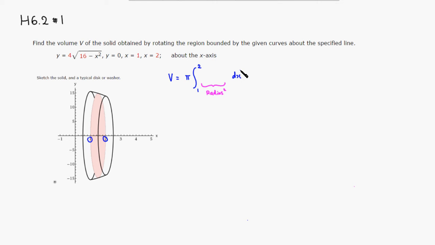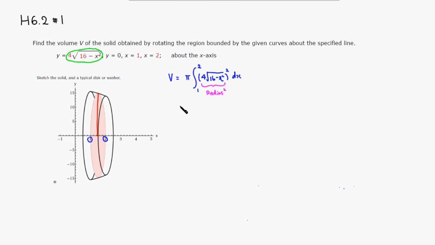You can see that the radius goes from the x-axis all the way to the edge of the semicircle, whose equation sits right here. So that's going to be the radius, which is 4 square root of 16 minus x squared. Then we have to square this.